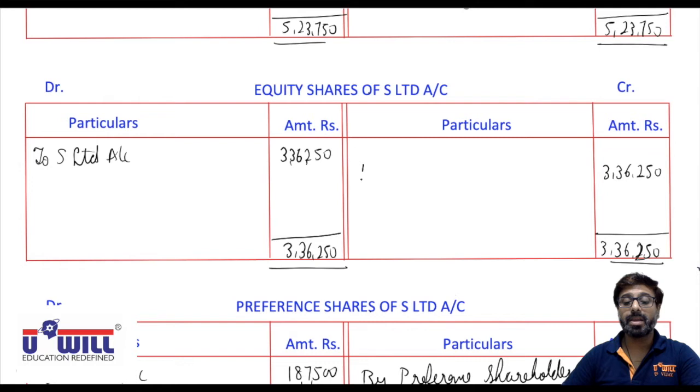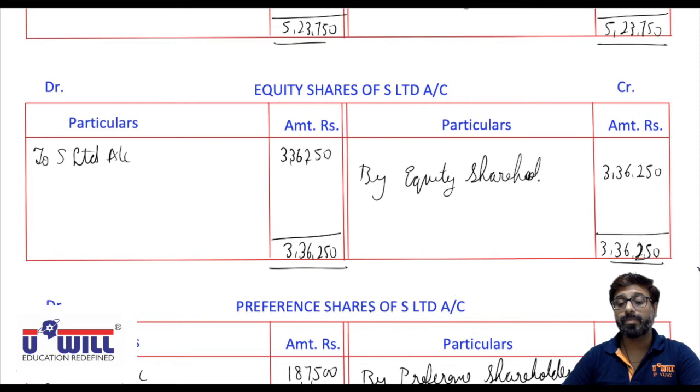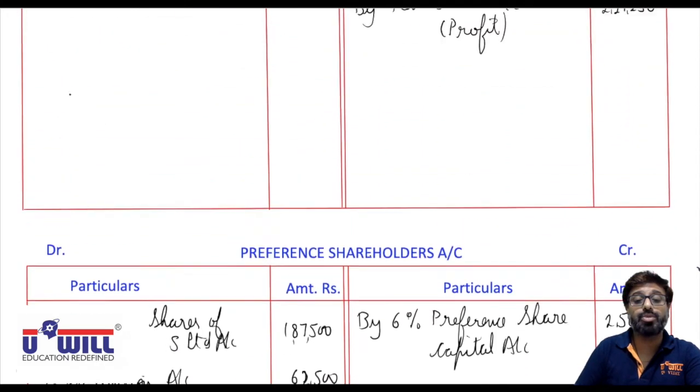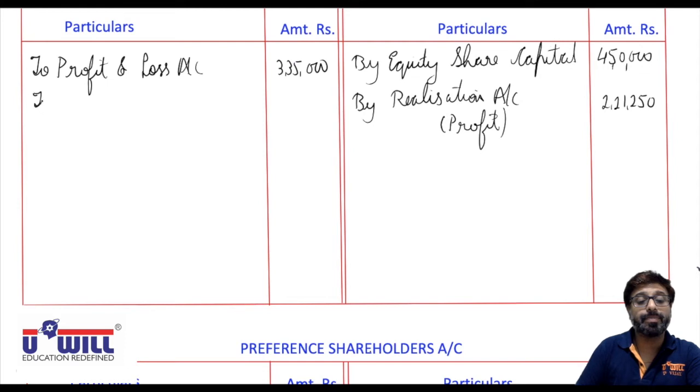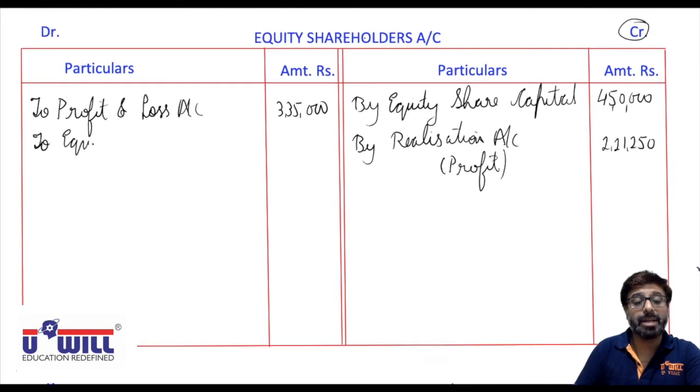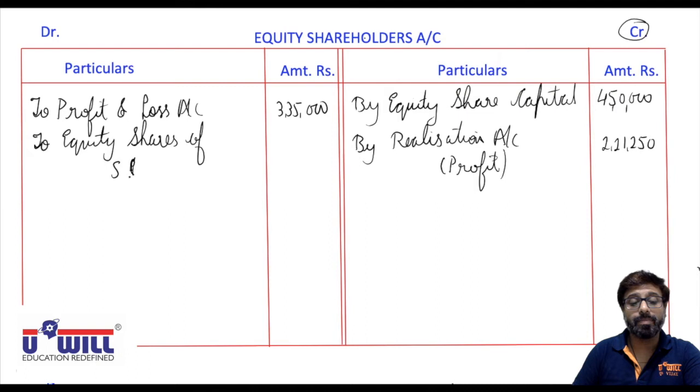By equity shareholders account, in bracket balancing figure. Opposite side in equity shareholders account, to equity shares of S Limited account, 336,250.